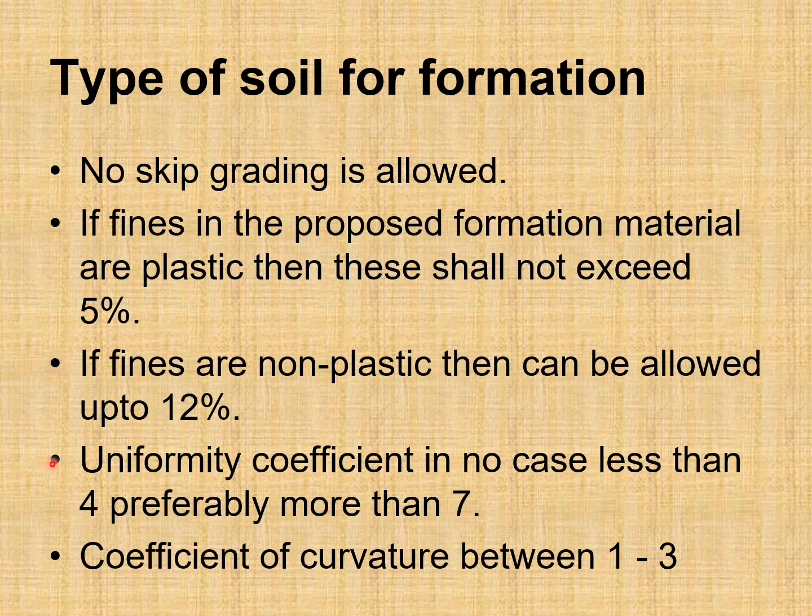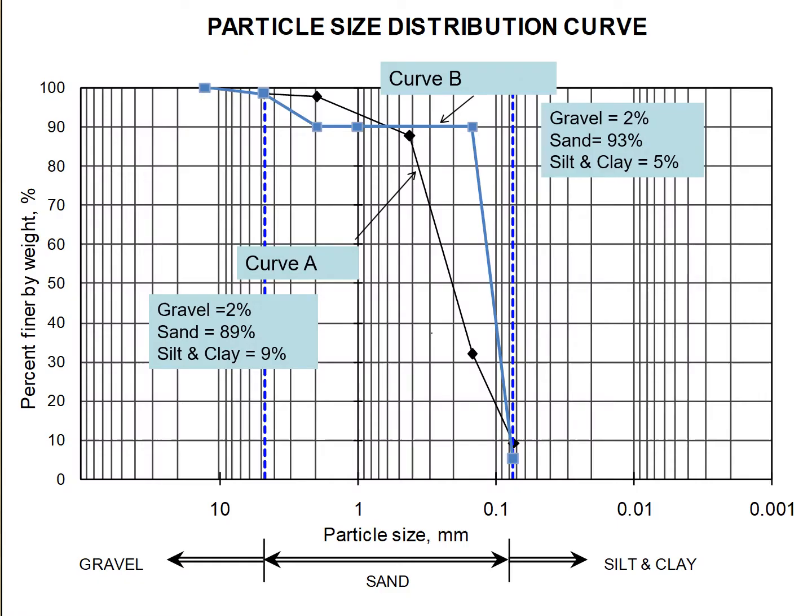Uniformity coefficient in no case less than 4, preferably more than 7. Coefficient of curvature must be between 1 and 3. Well, in this case you can see the two different types of formation.